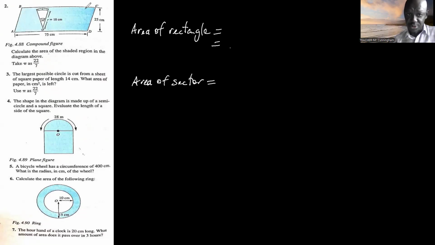It is 1,800 and 70.29. No, it's 75. The area of your rectangle. So I know some people who are having different things.